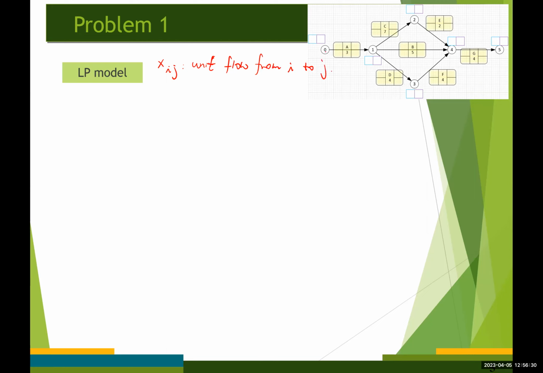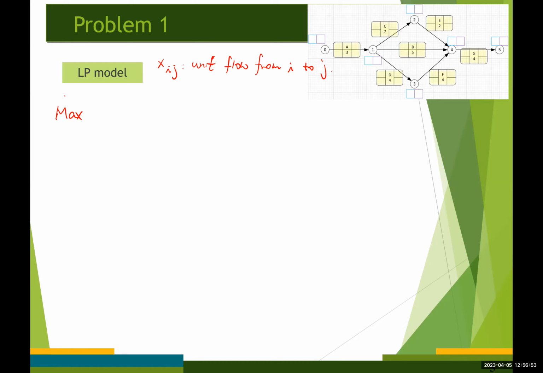Okay. And the critical path in any project network is the longest path from the start node to the finish node. Our objective is to find the longest path.